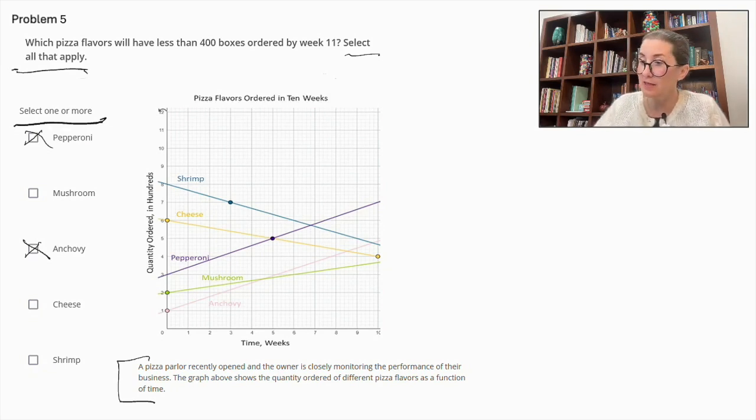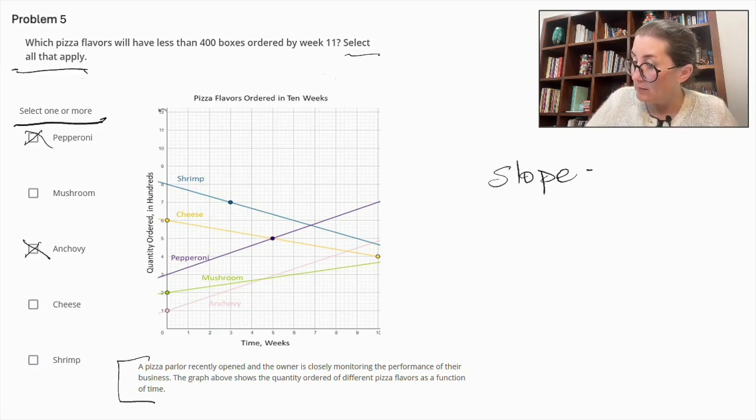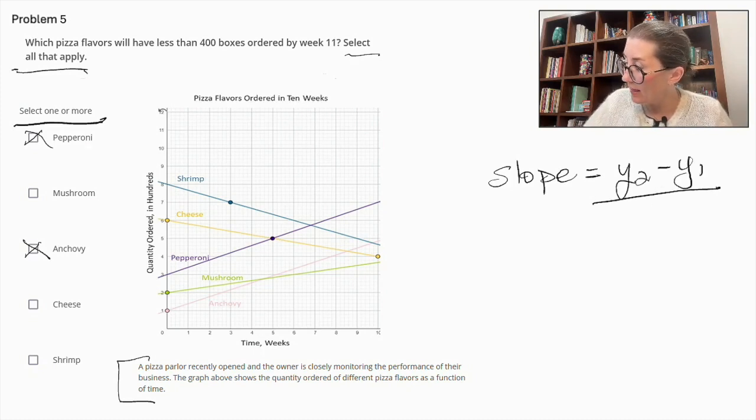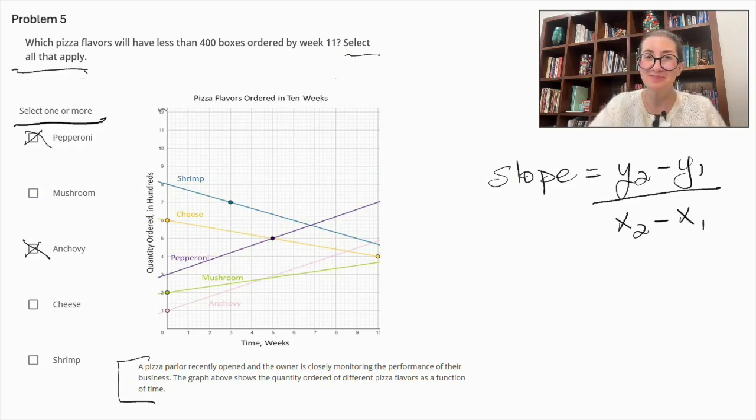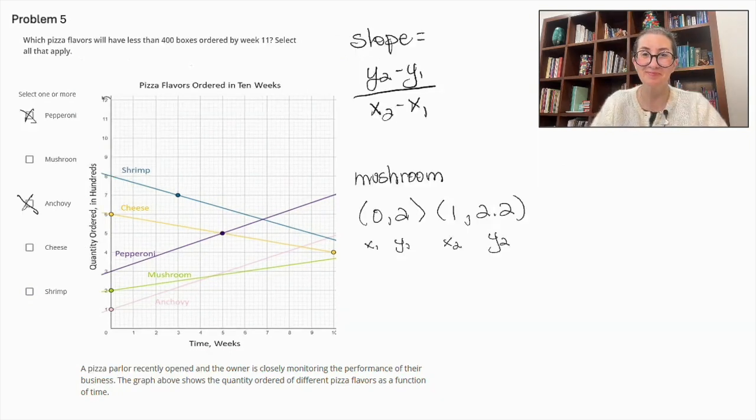And we calculate that by calculating slope. So slope is equal to y2 minus y1 over x2 minus x1. So we've got our values from the graph, and now let's calculate slope.